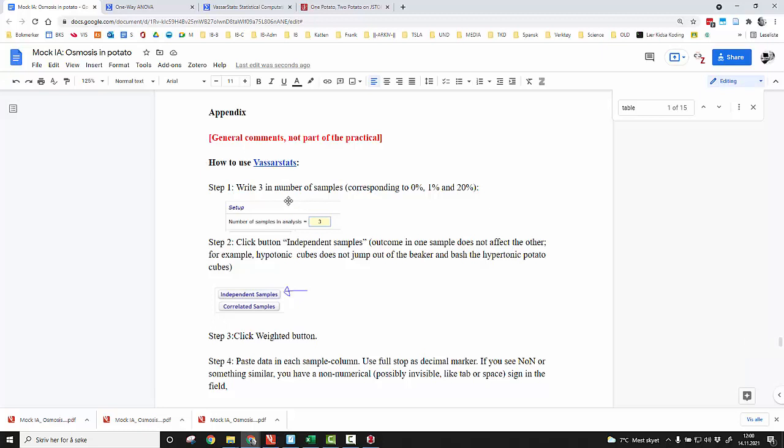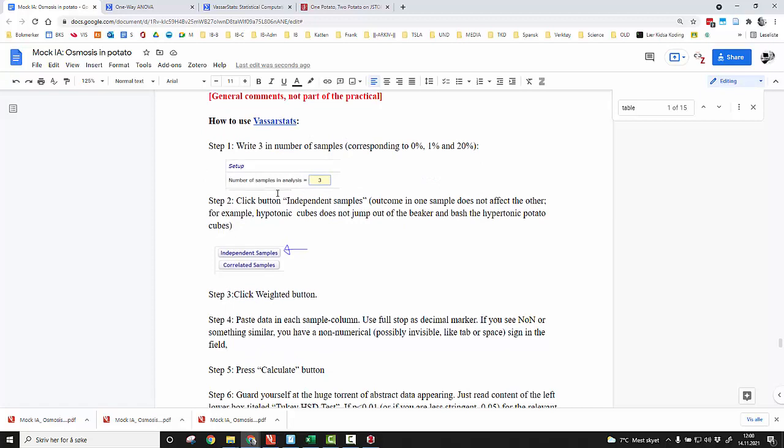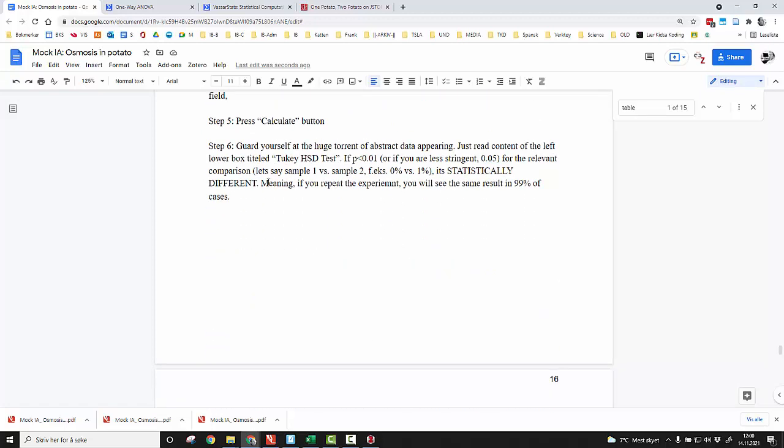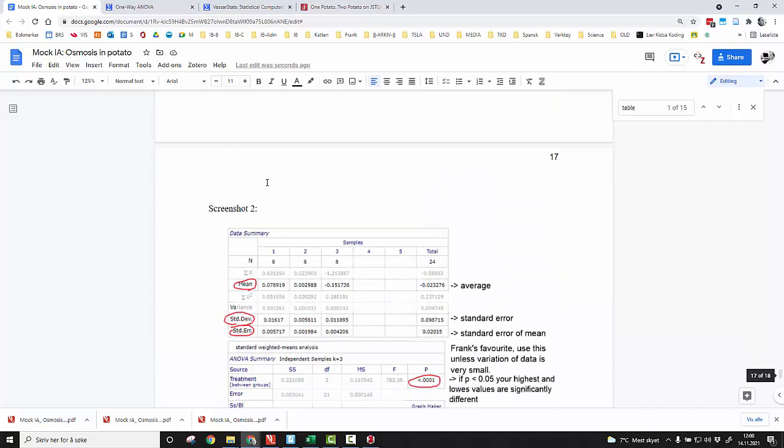And personally, I would have pasted the output from the Vassastats page here. Instead, I've just shown you kind of a quick guide how to use Vassastats.